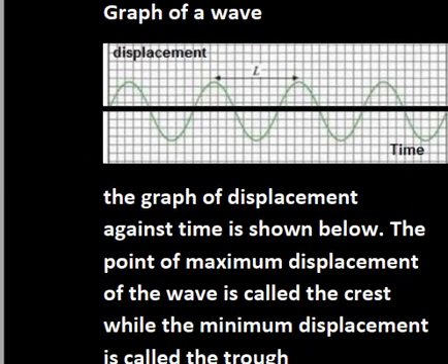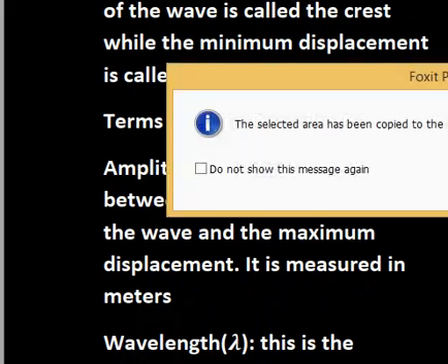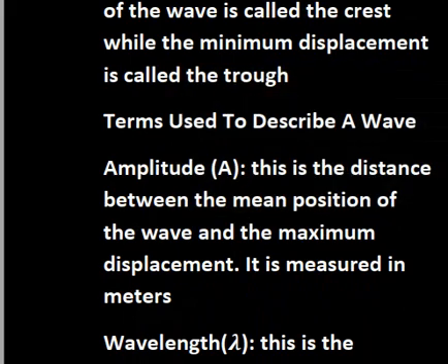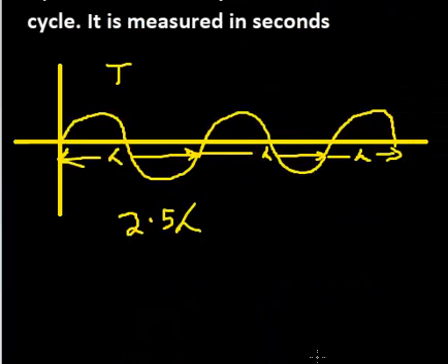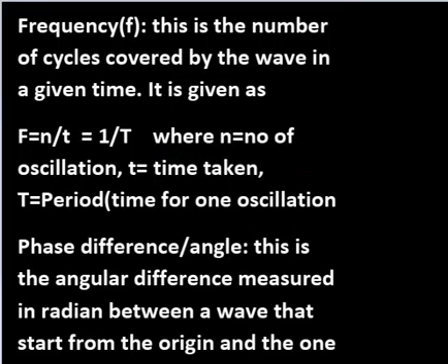All right, let's proceed with some other terms. We're going to be talking about frequency and some other terms in wave. So I'll bring it up to this screen. Here we go. Now what about the frequency of a wave, by the symbol F? The frequency of a wave is the number of cycles that wave covers in a particular time.